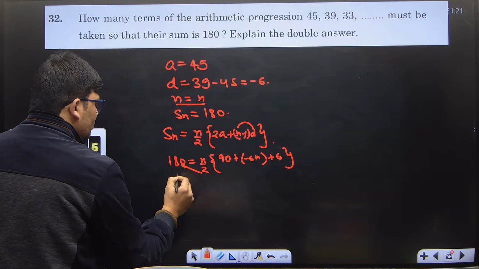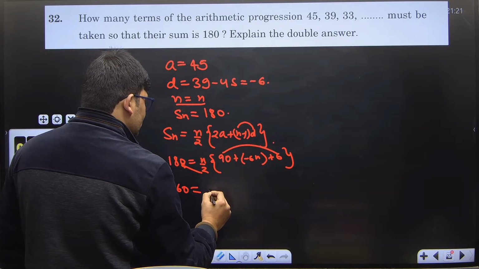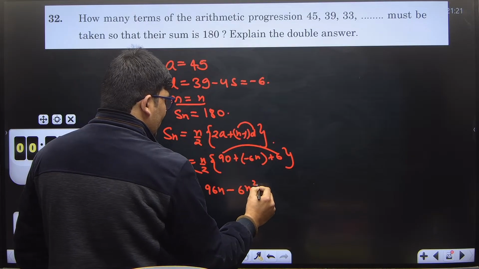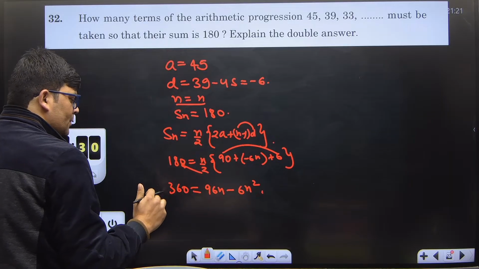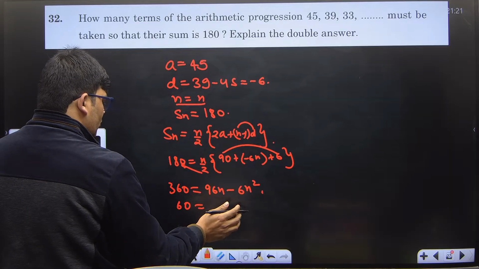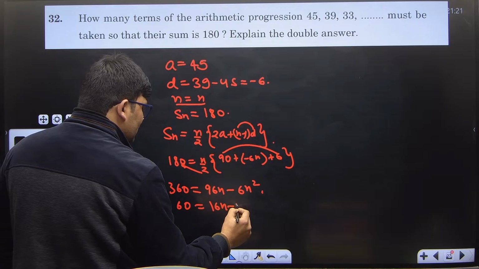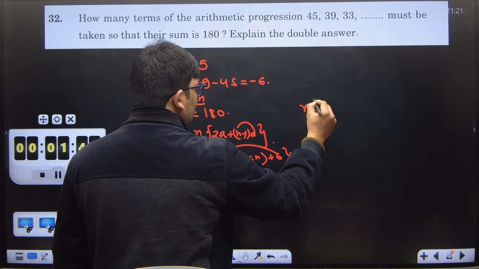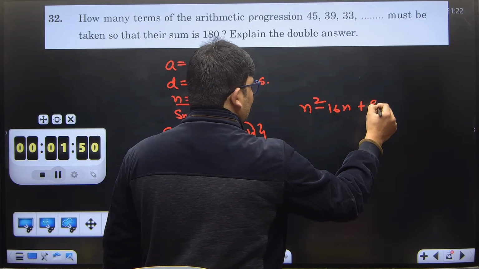So 2 will be taken on this side, so you will have 360 is equal to 90 plus 6, which is 96, times n minus 6n square. Alright, you can see all the numbers are divisible by 6, so you can write this as 60 is equal to 16n minus n square. So you have to make this positive, so the equation will reduce to n square minus 16n plus 60 is equal to 0.